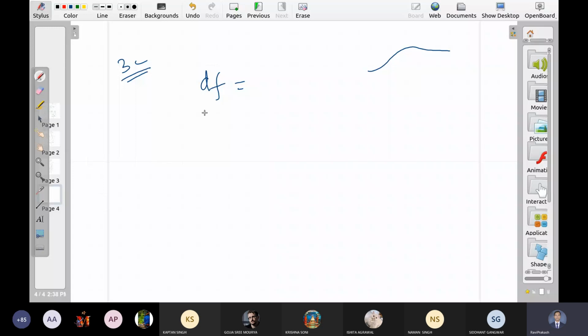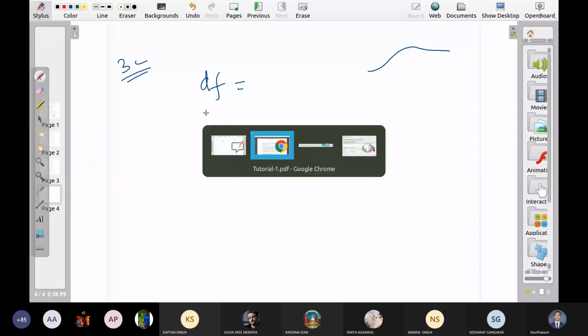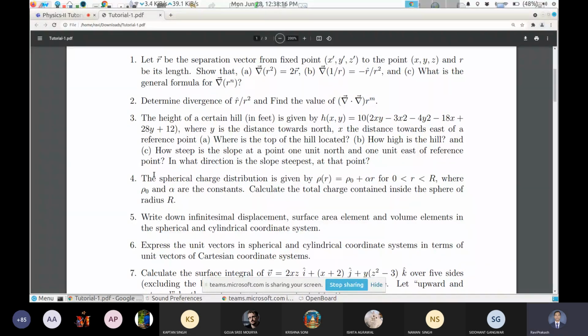Problem number 4. Any problem here? No, sir. I mean, you have solved this kind of problem when you were preparing for JEE. Yes, sir. Write down the infinitesimal displacement and surface area.